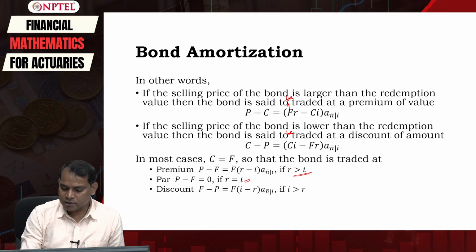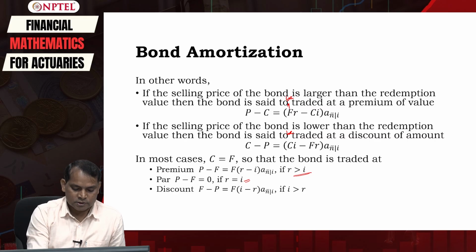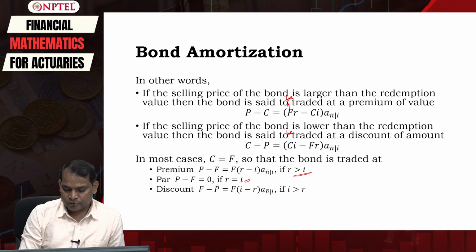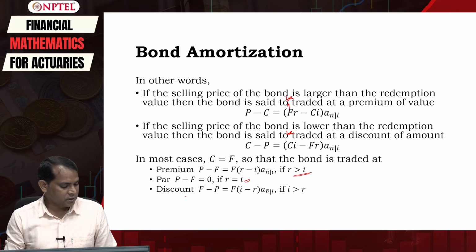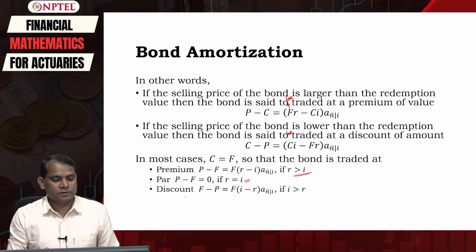Remember, if r is greater than i, the bond trades at a premium, and if i is greater than r, it trades at a discount.